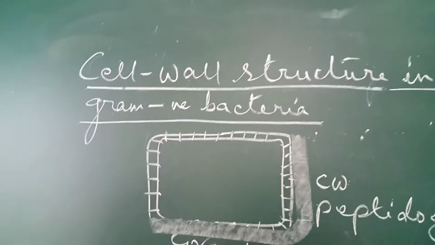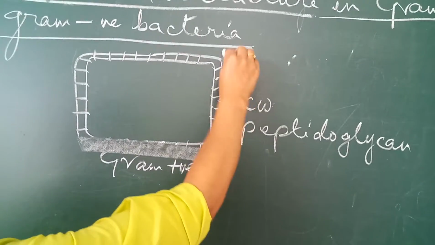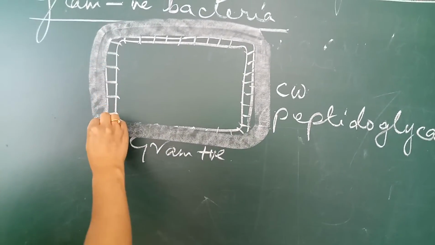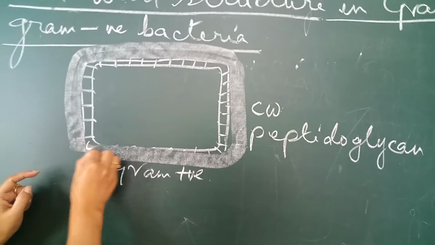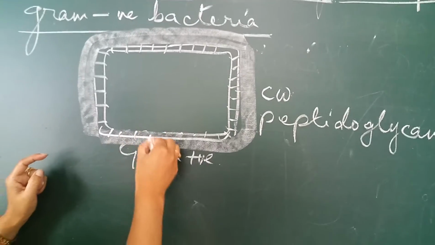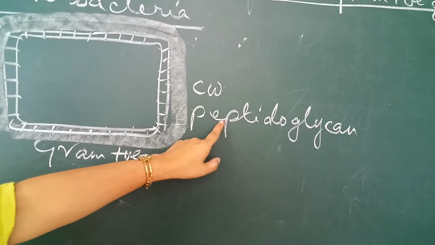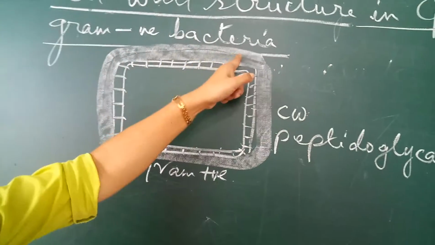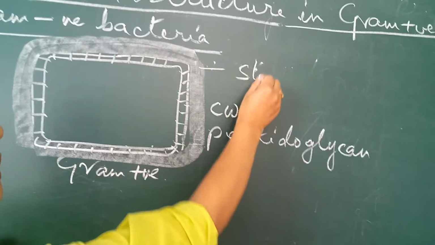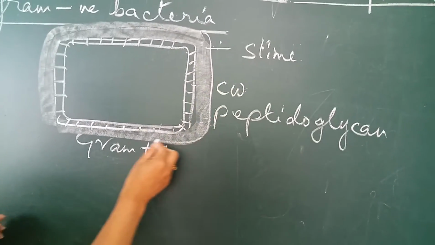Let us look at the cell wall of gram-positive bacteria. If this is the cell wall, now this cell wall is made up of peptidoglycan. Outside the cell wall there is a slimy, mushy substance, and this is known as the slime.